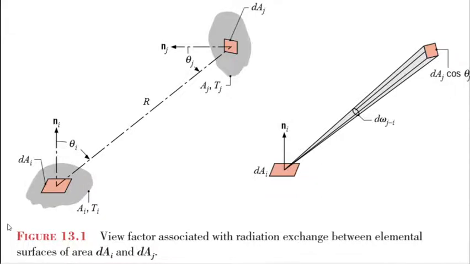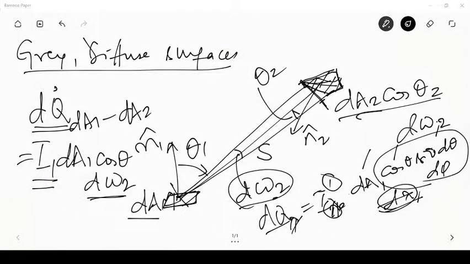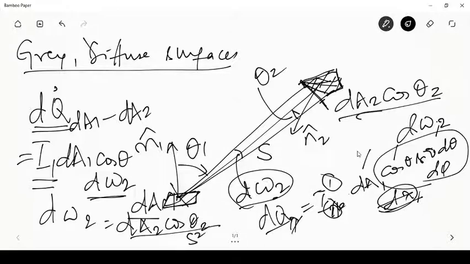So let's come back to the diagram that we were looking at. It is dA2 cos theta 2 divided by S squared, which will be this d omega 2. So d omega 2 is dA2 cos theta 2 divided by S squared.